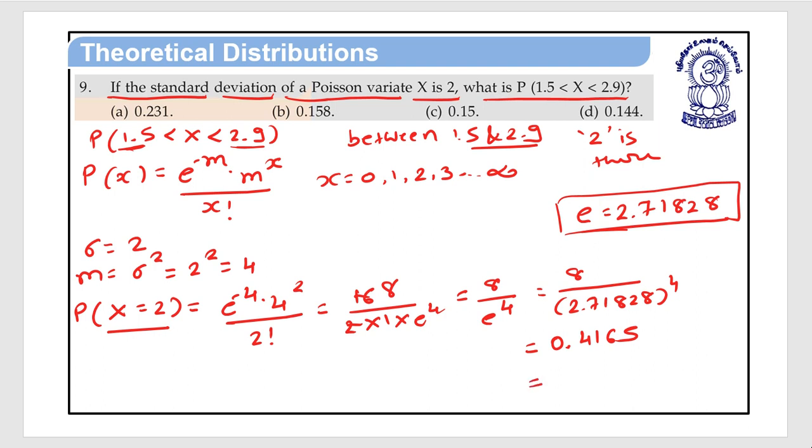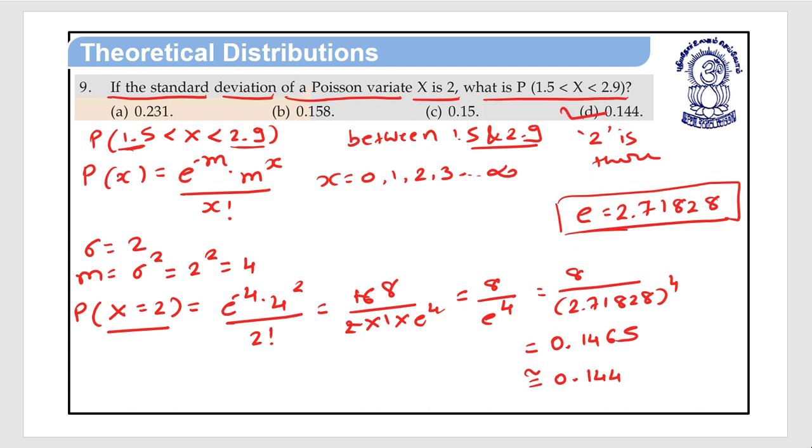Approximately 0.1465, or 0.144. So option D is the right answer.